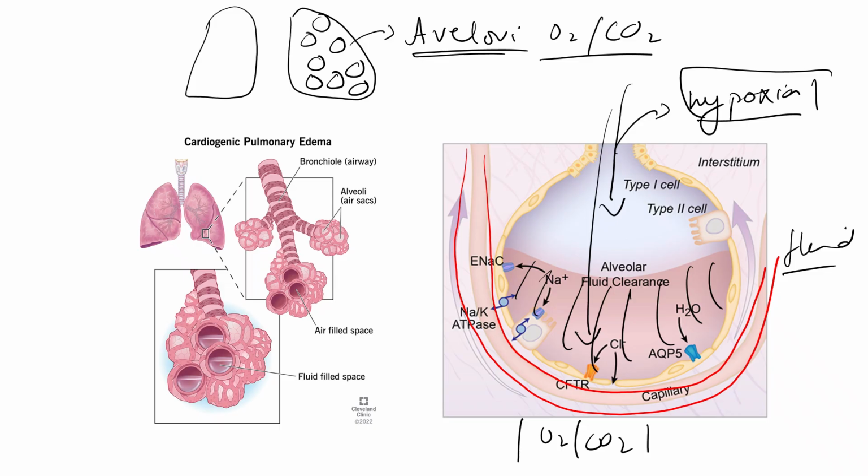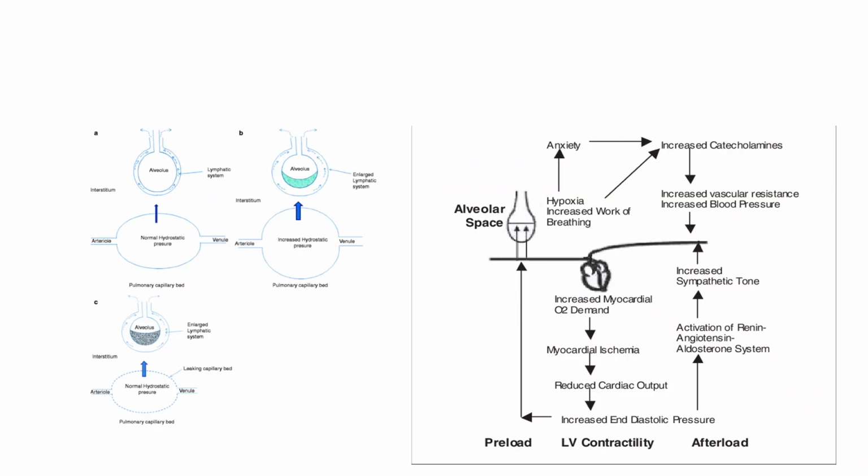Now, what is the mechanism by which this pulmonary edema develop? So, if you look at this image, this is the alveoli, and this is the capillary which is running around the alveoli with normal hydrostatic pressure.